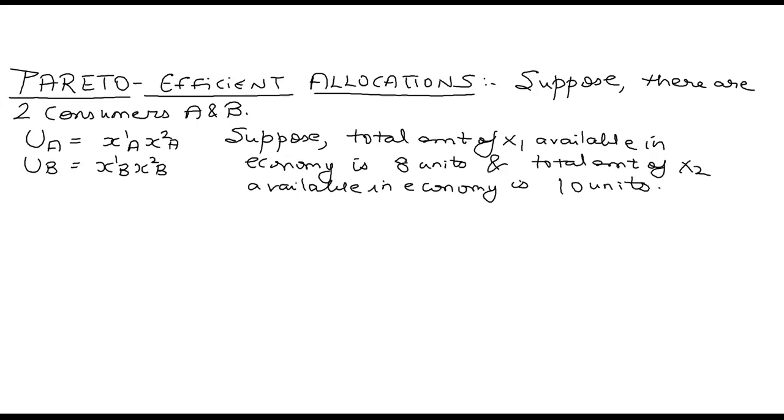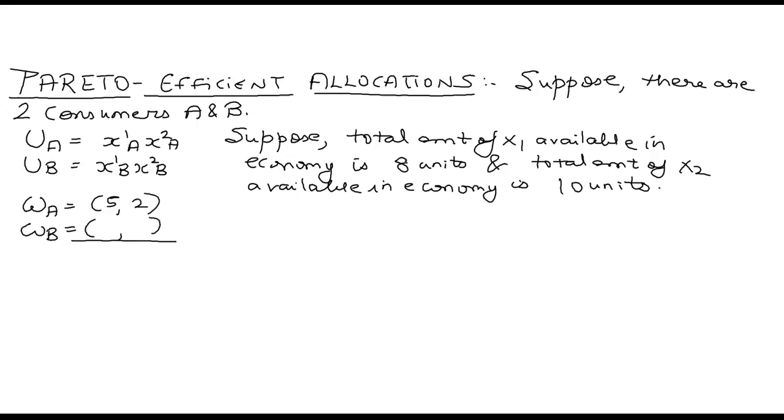Also, suppose A's endowment is given to us as 5,2. A has 5 units of good 1 and 2 units of good 2. And suppose the endowment of agent B is, how much will it be?